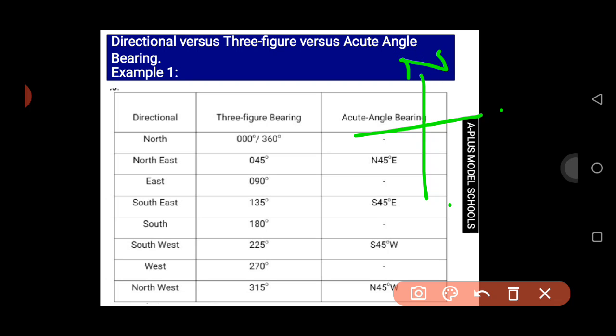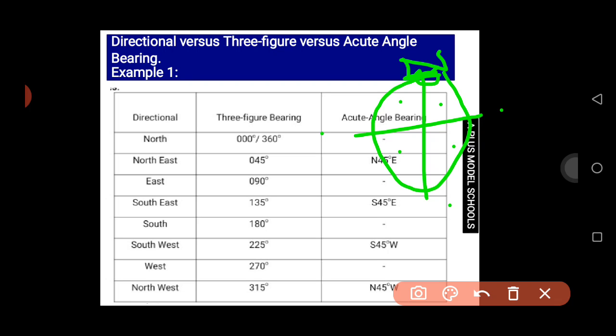From the north, if my direction is on north, it means this is either 0 degrees or 360 degrees. I told you if I want to count any angle, I will start from north, which is 0. And if I'm coming back here, I'm coming back to 360 because this is 90 plus 90, 180, 270, 360 degrees.